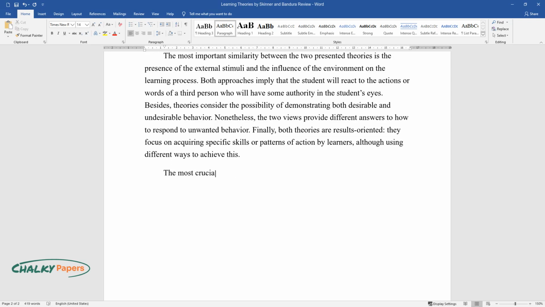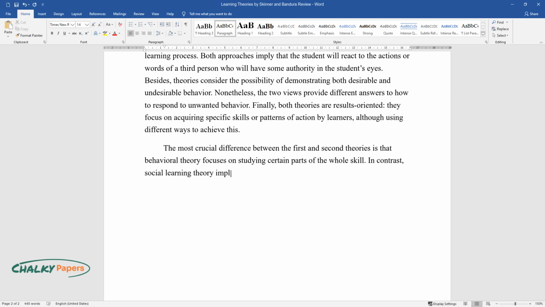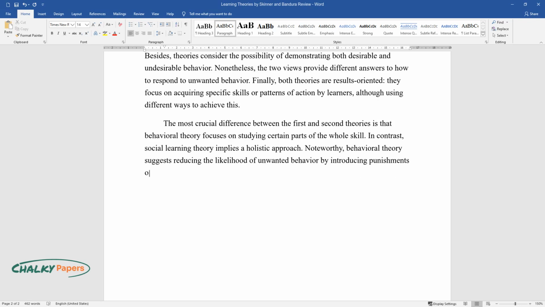The most crucial difference between the first and second theories is that behavioral theory focuses on studying certain parts of the whole skill. In contrast, social learning theory implies a holistic approach. Noteworthy, behavioral theory suggests reducing the likelihood of unwanted behavior by introducing punishments or canceling rewards.